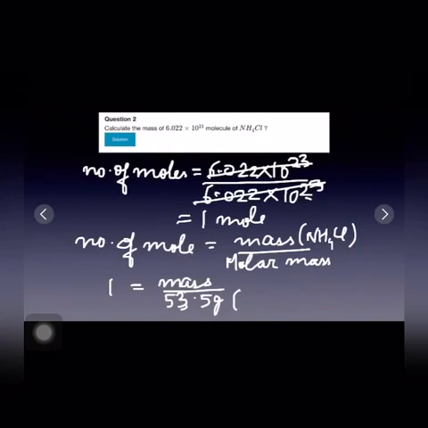We have calculated like this: nitrogen mass 14, hydrogen mass 1, and there are 4 atoms of hydrogen, plus the mass of chlorine is 35.5, and when we cross multiply we get 53.5 gram as the mass of NH4Cl. So this is the answer.